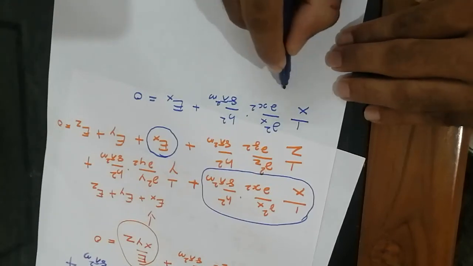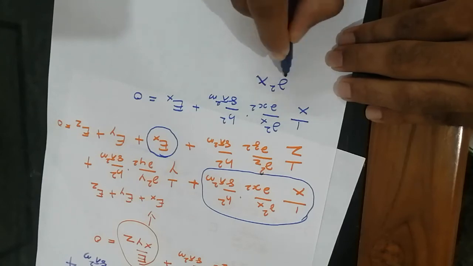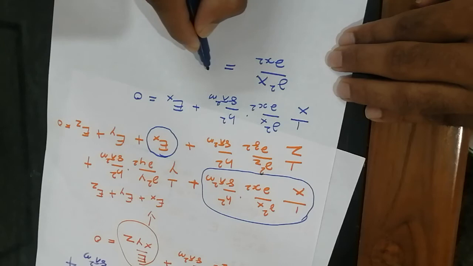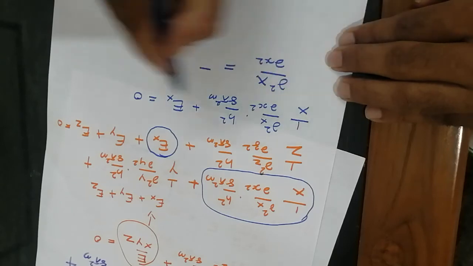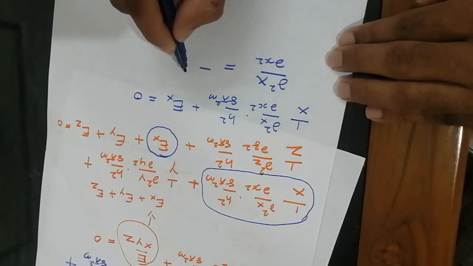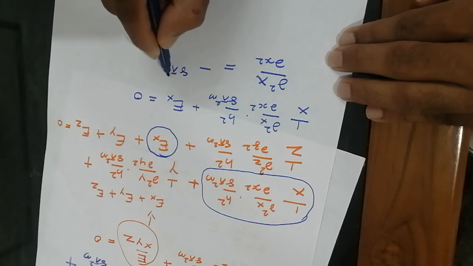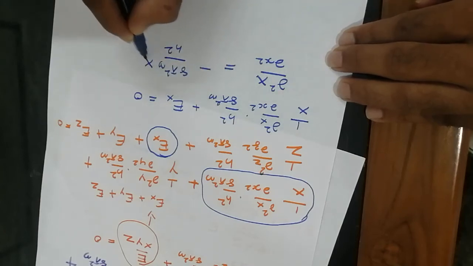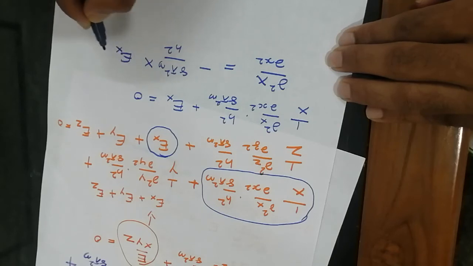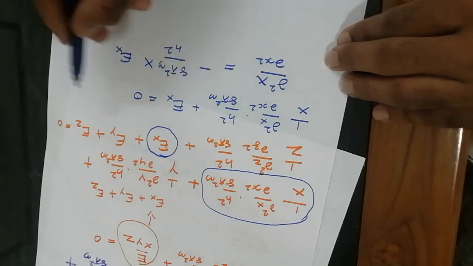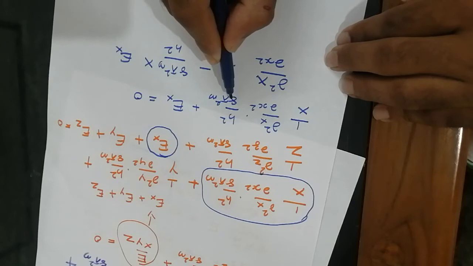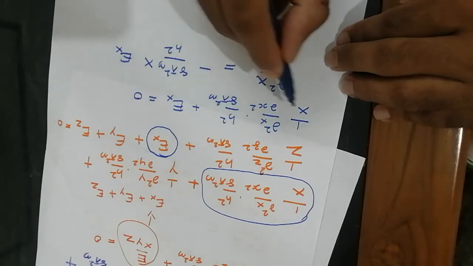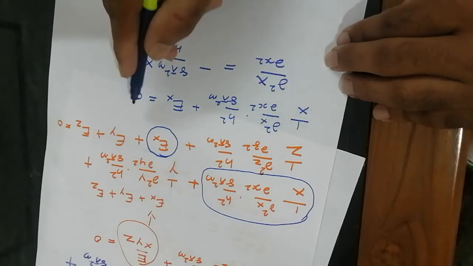Dou square x, capital letter x, dou x square is equal to minus, you bring all this to that side, therefore 8 pi square m by h square x ex. What happened? You bring this minus e to the other side, therefore 8 pi square m divided by h square, this x will be at the numerator.